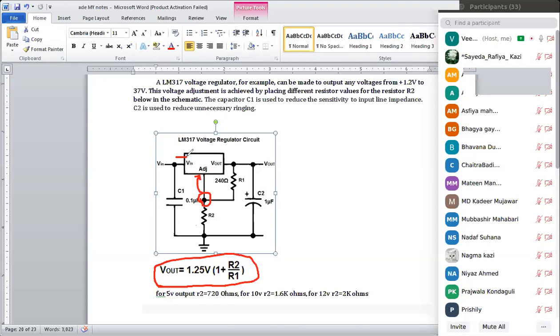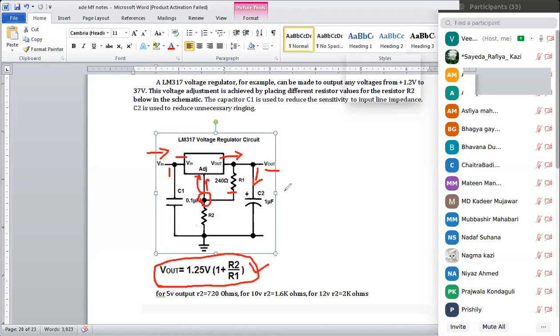We connect the input source here and get an output here. C1 is controlling the input impedance, C2 is controlling the ringing problem. Then R1 is fixed, whereas R2 gives adjustable voltage at the output side. So this is the formula that we get from this circuit.